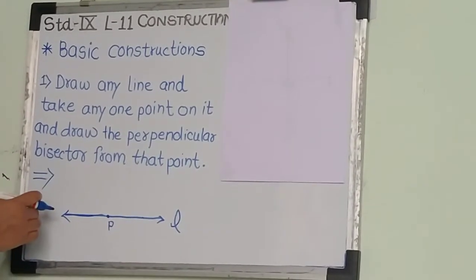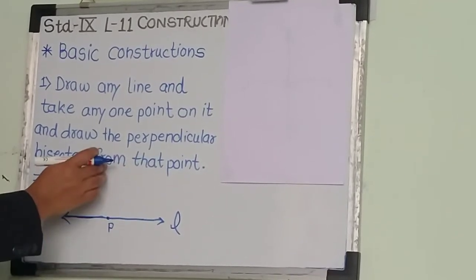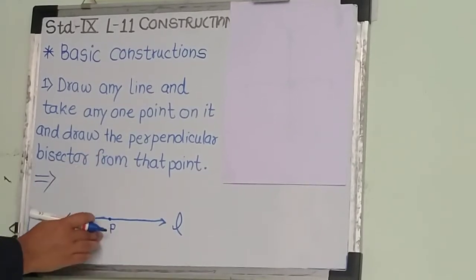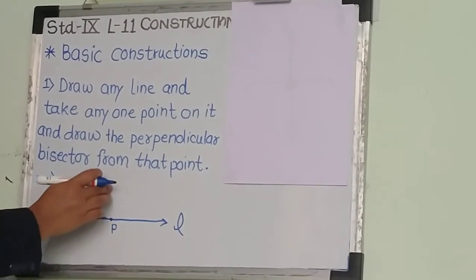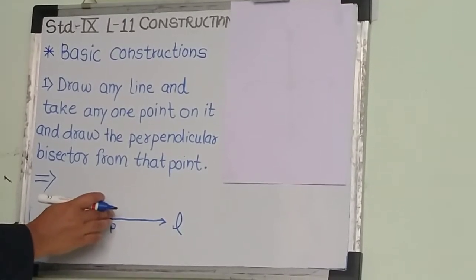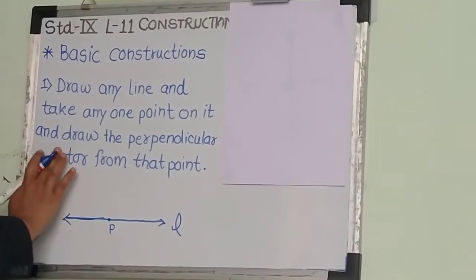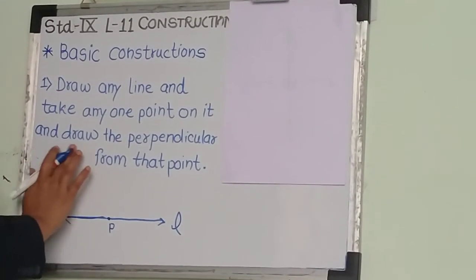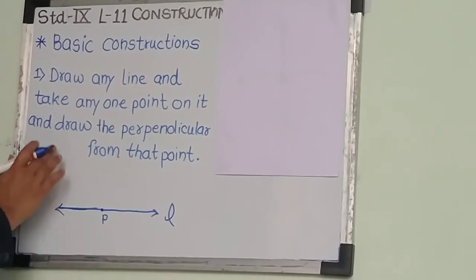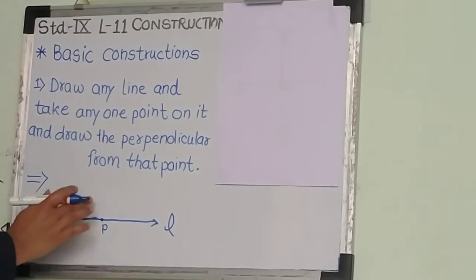Now perpendicular means from the point P, we have to draw one line which is passing through the point P, and at P it makes a right angle. Here the bisector is not possible because the line has no fixed length. So we are going to draw only the perpendicular from that point.